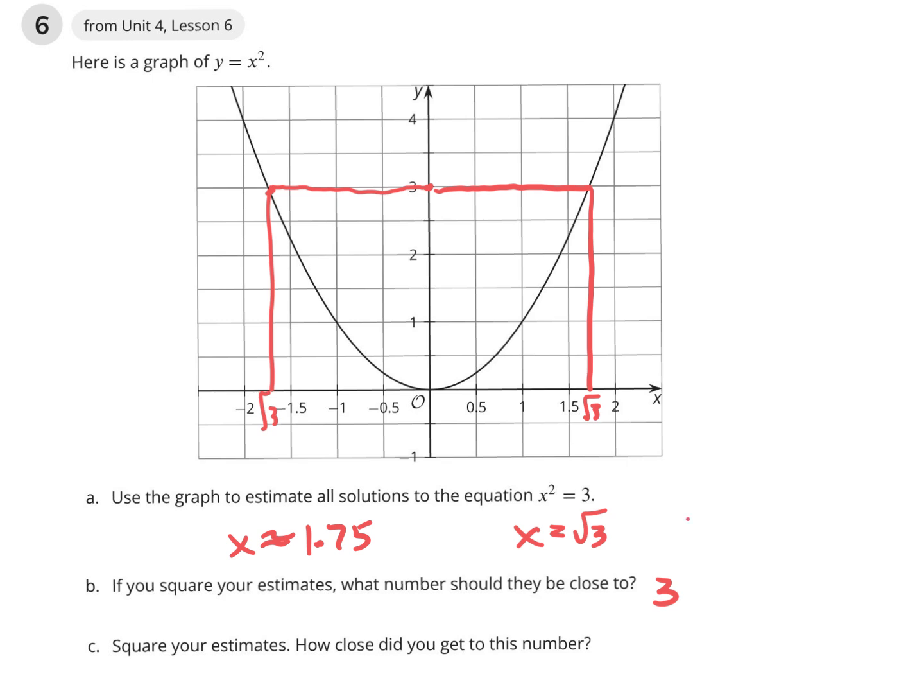If I square just the estimate, the square gets rid of the radical, and it's going to be close to 3. You can do number C with the calculator. I don't need to do that here because these are approximations, and we don't like to deal with approximations. We like exact answers.